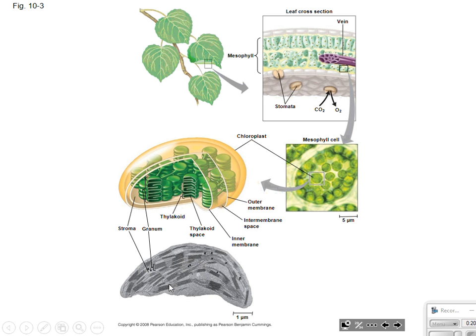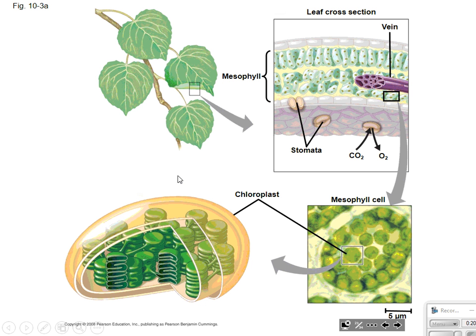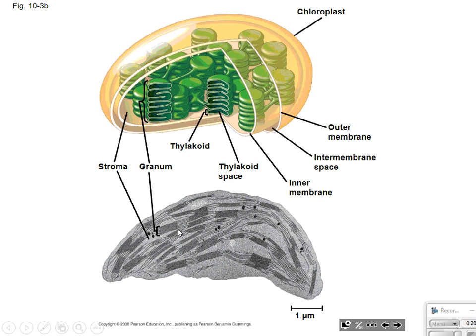So each one of those is a stacked thylakoid. Now look how many stacked thylakoids we have in one single chloroplast. There's a bunch of them, aren't there? Here's a blown up picture.